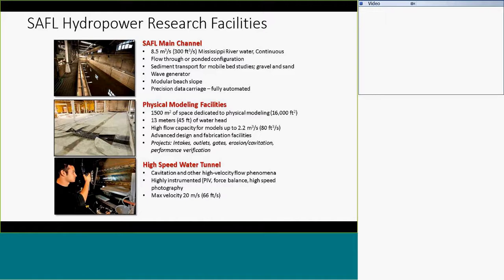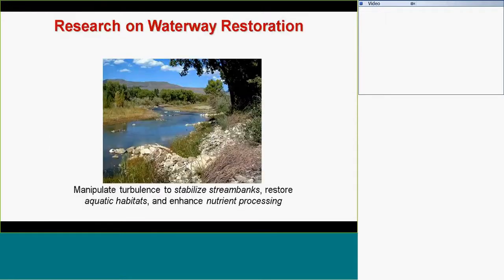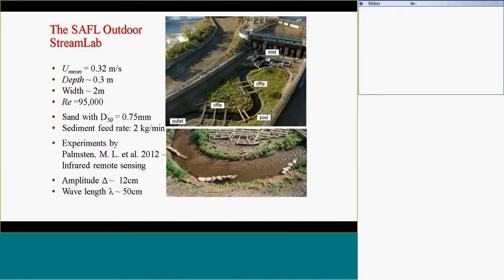And here is a high-speed wind tunnel, just like a wind tunnel, but the difference here is that the medium is water. On the natural environment side, for example, we are looking at waterway restoration. We can study that in the lab, and this one is called the outdoor stream lab.